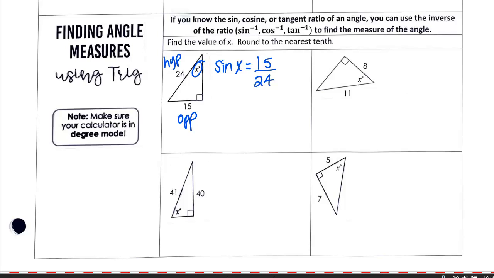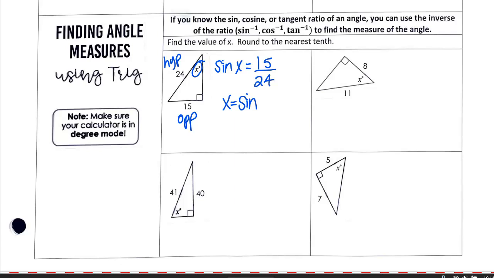So here's the big thing that everyone doesn't like, but I promise you, just do it. It's very useful. This is how we show our work for trigonometry. You're first going to write out your ratio like this. Then we're going to write out x is equal to, and you're going to write exactly what you're going to plug into your calculator.